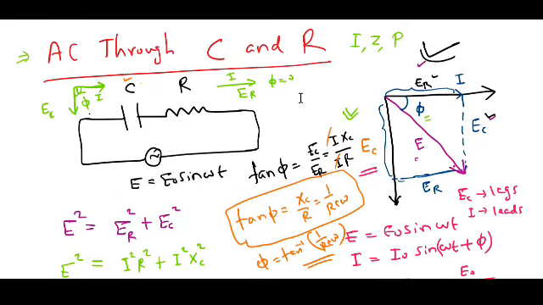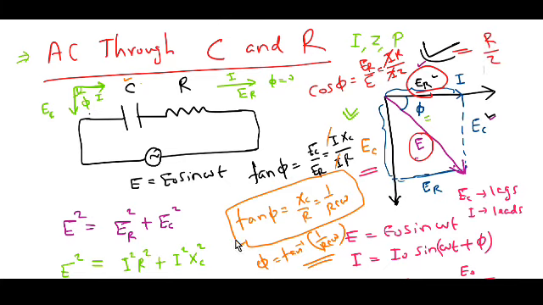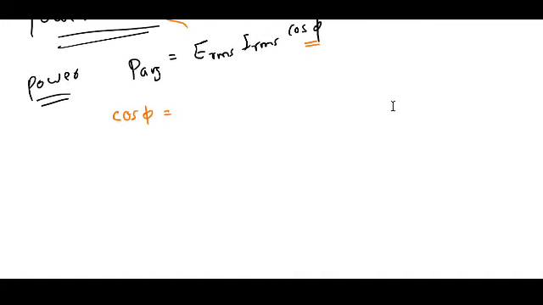Once again come back to this picture. From this picture, cos phi is equal to the adjacent side, that is ER, divided by the hypotenuse, that is I into R divided by I into Z. I and I cancel. This is equal to R by Z. Cos phi is equal to R by Z, where Z is equal to root of R square plus Xc square.